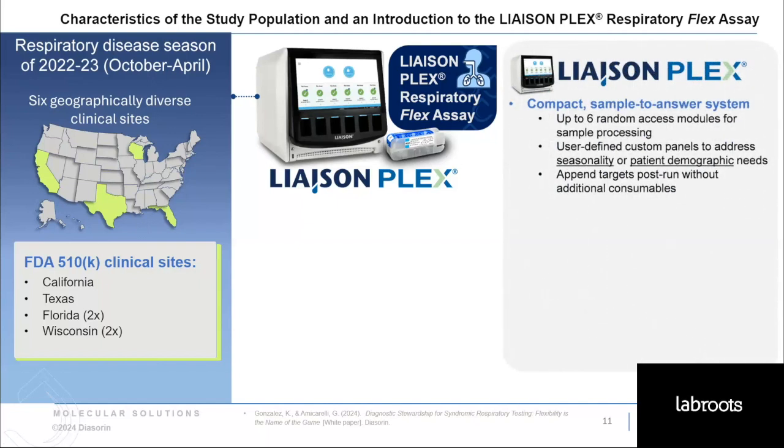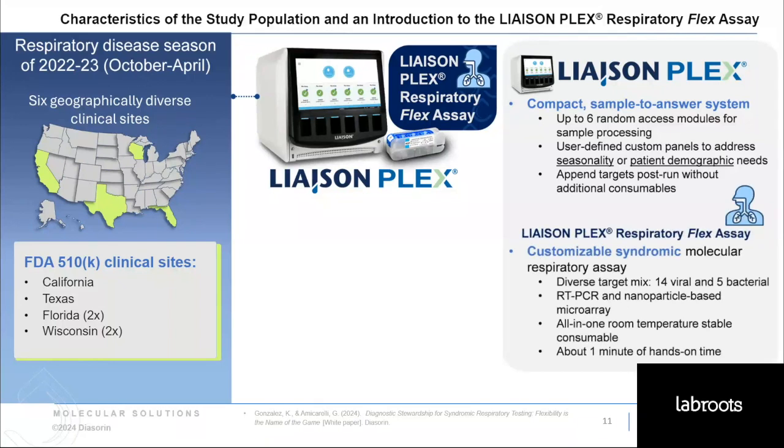Briefly, the Liaison Plex is a new instrument, a sample-to-answer system that can accommodate up to 6 random access modules for sample processing. The instrument software allows you to create user-defined custom panels where you can view and pay only for the targets that you select, but also gives you the ability to go back to those runs and select additional results without the need to rerun additional tests.